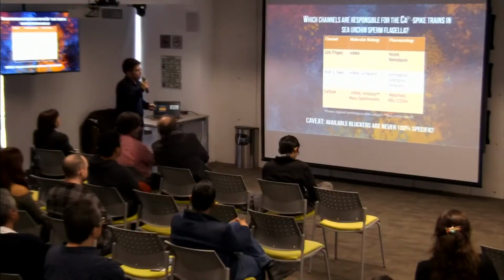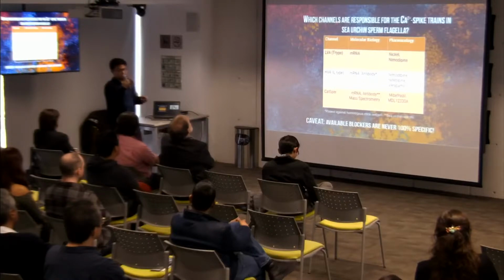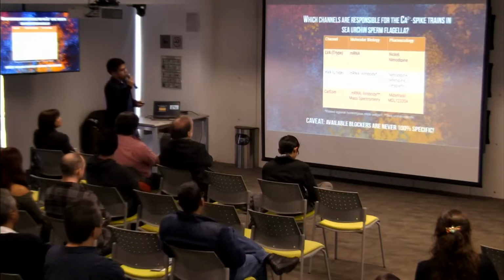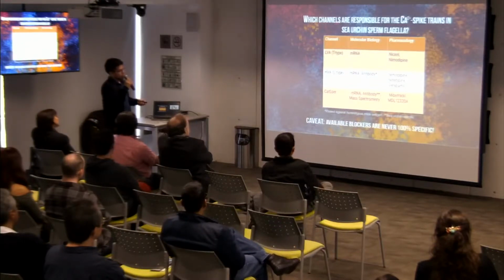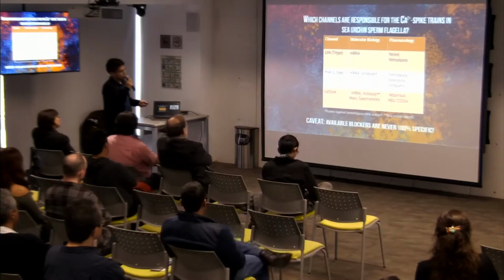Nevertheless, we are interested in knowing which are the calcium channels that are allowing the influx of calcium in the sperm flagellum. There has been a lot of evidence for many types of calcium channels. This is the most recent one, CatSper.